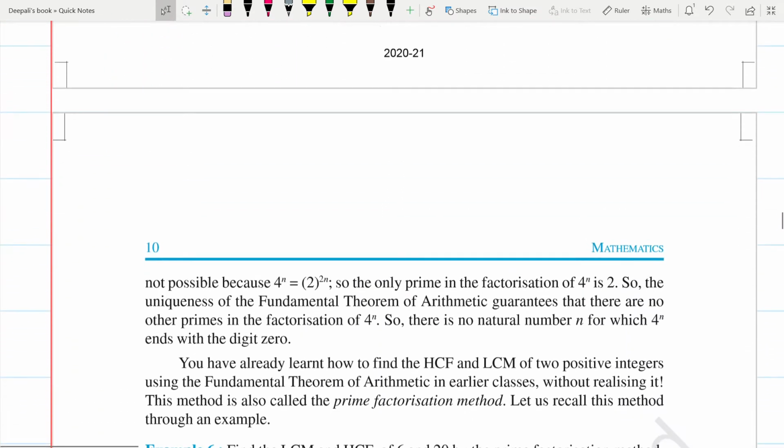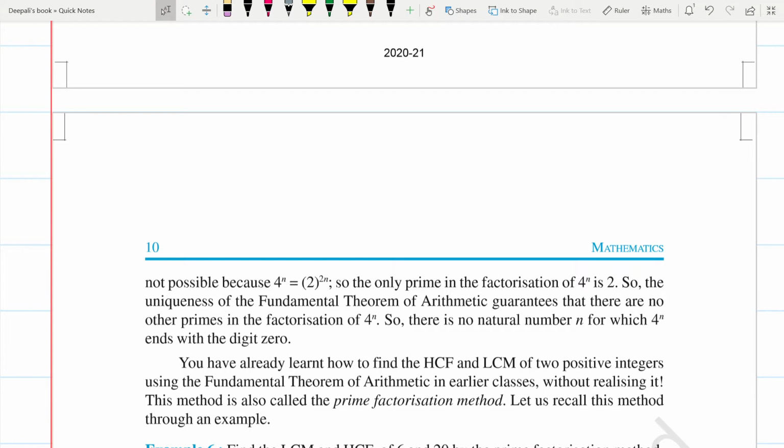This is not possible because 4 raised to n is equal to 2 raised to 2n, and so the only prime in the factorization of 4 to the n is 2. So the uniqueness of the fundamental theorem of arithmetic guarantees that there are no other primes in the factorization of 4 to the n, and so there is no natural number n for which 4 raised to n ends with the digit 0.